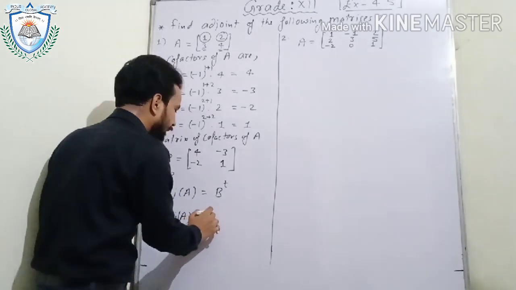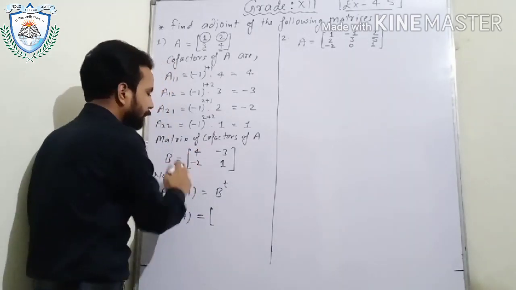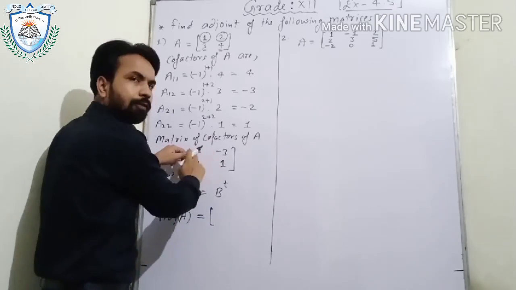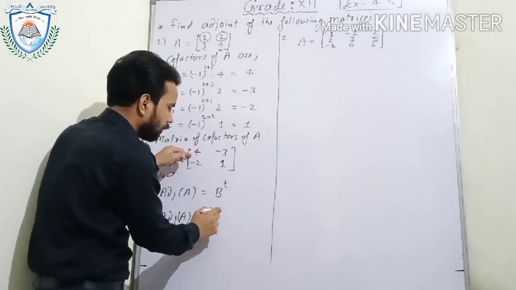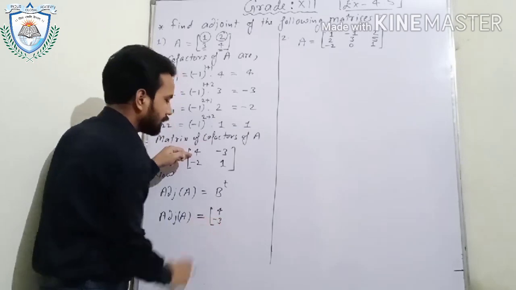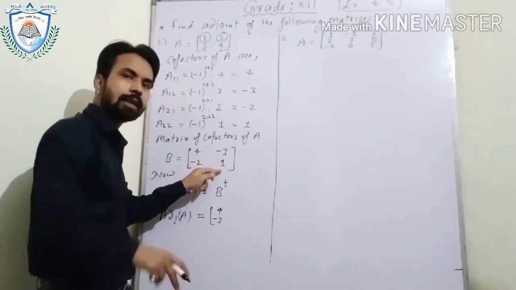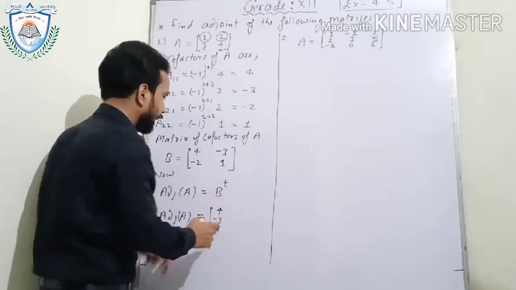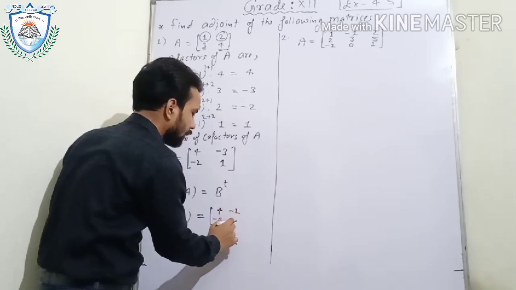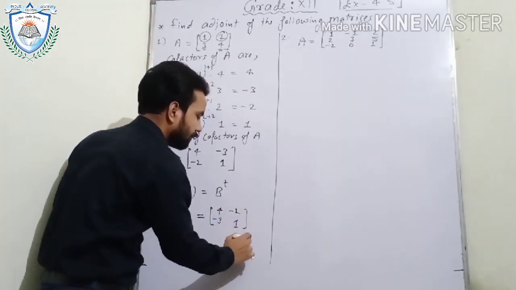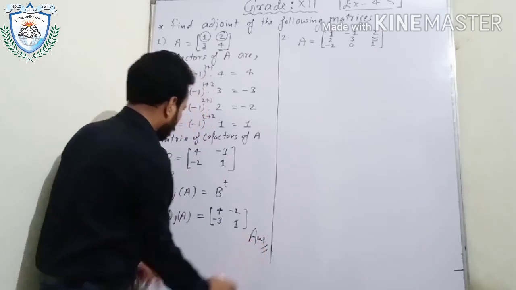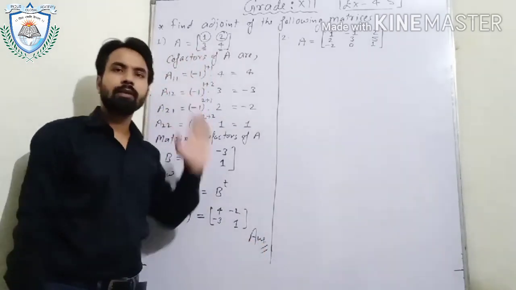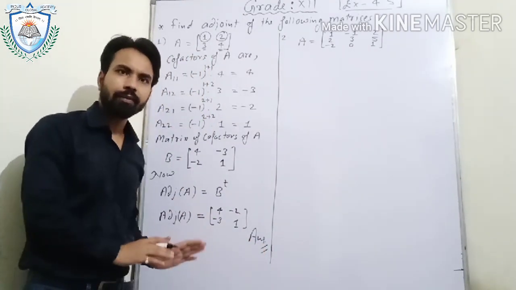So B transpose will be 4, minus 3, which was the first row, now as the first column, and minus 2, 1, which was the second row, now as the second column. So this is our answer, the adjoint of the given matrix. Hope it is clear to everyone.